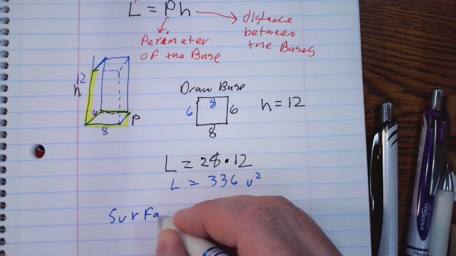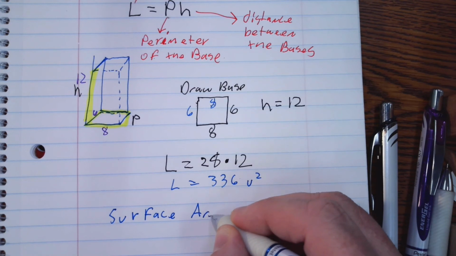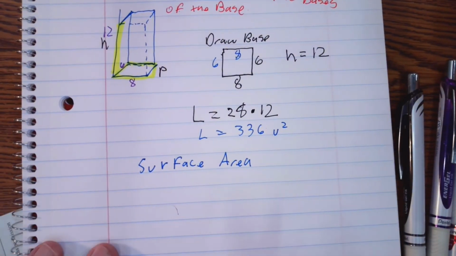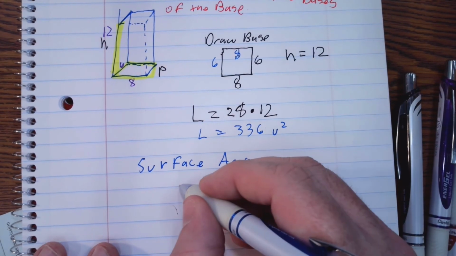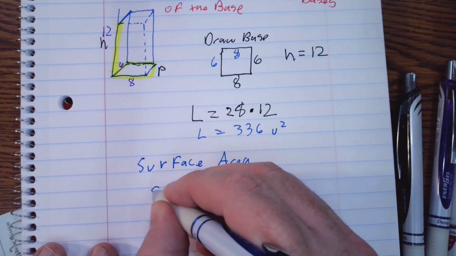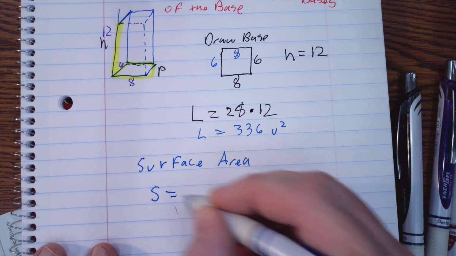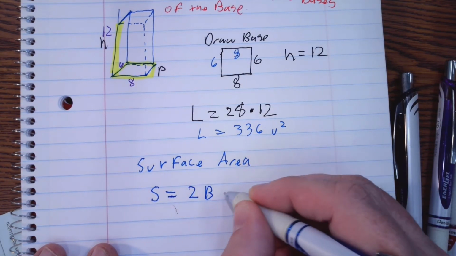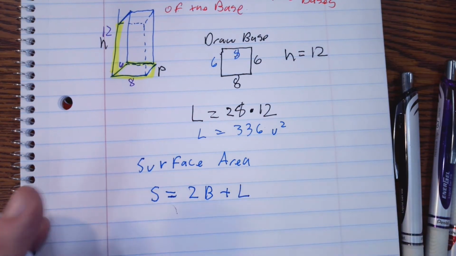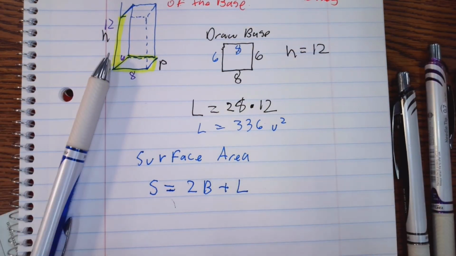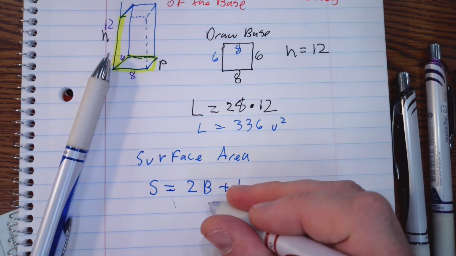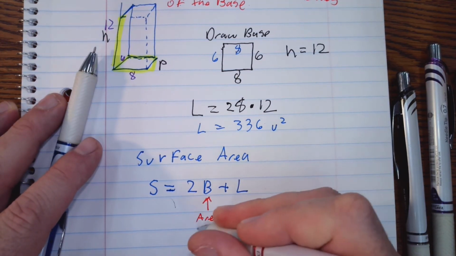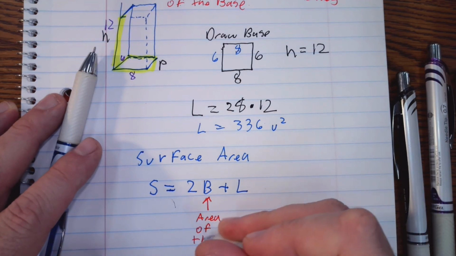And if this is not on camera, I'll move it. Surface area. The formula for surface area is pretty easy. It's going to be S for surface area equals 2B plus L. The capital B stands for the area of the base.